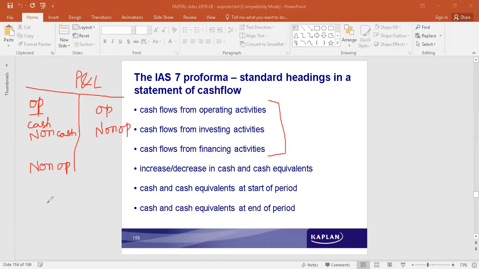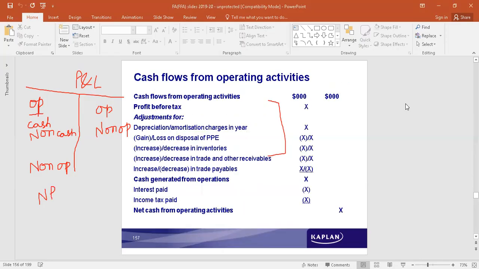Finally, we see that net profit is calculated. If we are preparing the section of cash flows from operating activities, the starting point here is net profit. We start with the net profit of the current period. The source of revenue is sales.